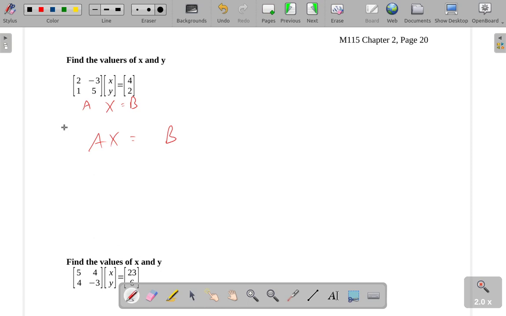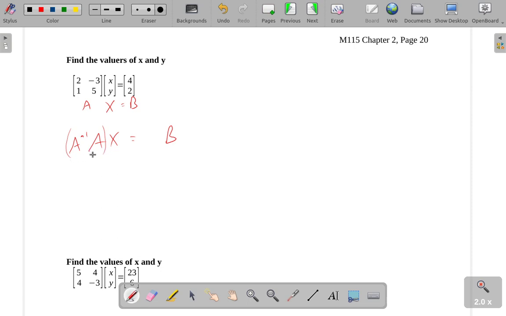I'm going to put A inverse over here on the left. Because if I multiply on the left by A inverse, I can put parentheses around that. There's still an associative property.